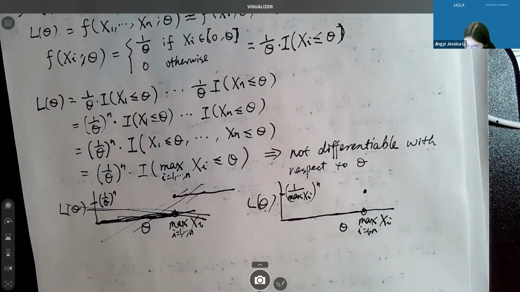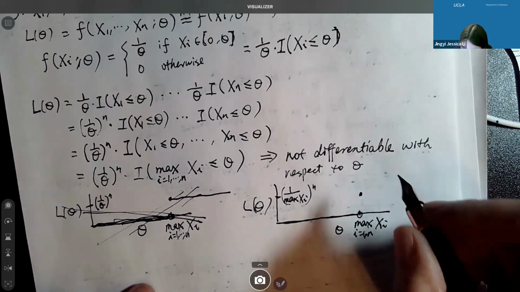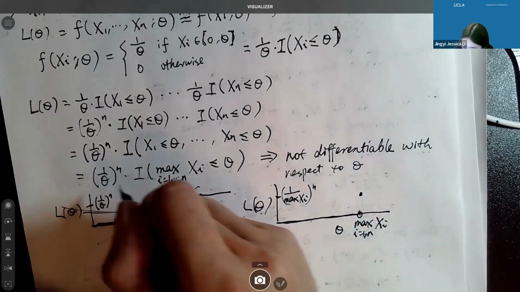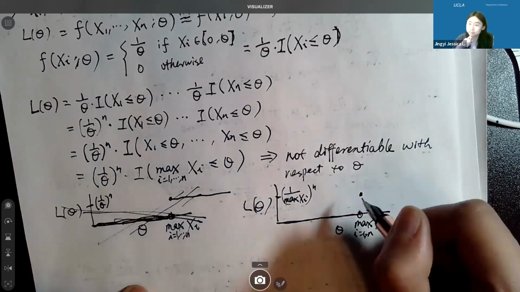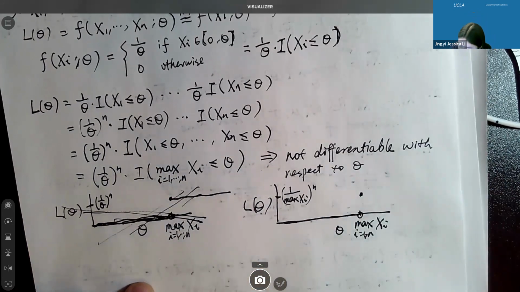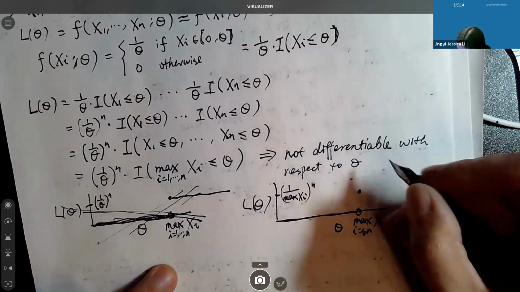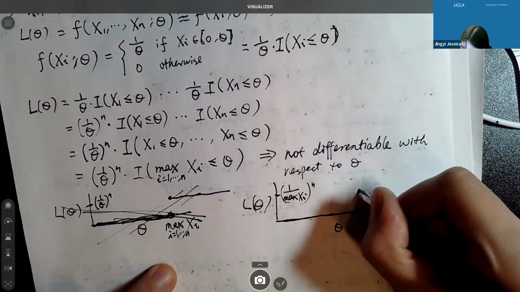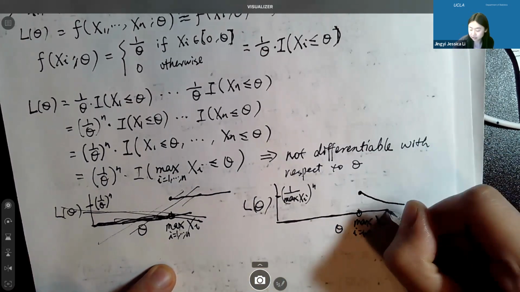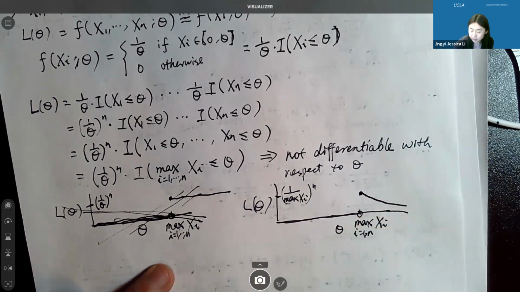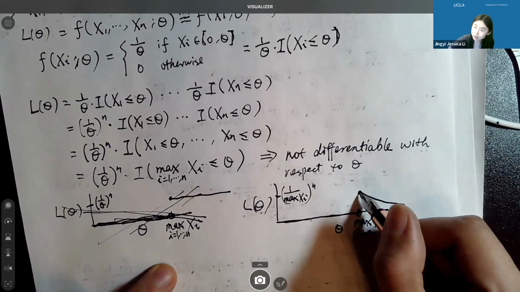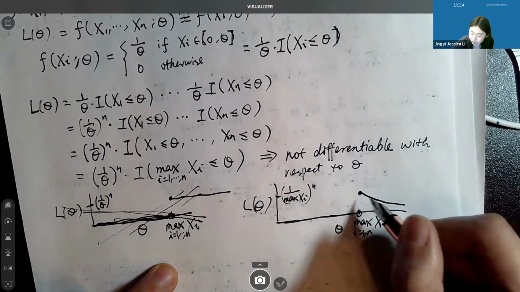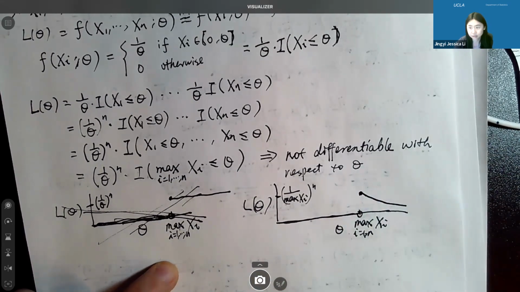The shape is theta to the power negative n, so we know it will decrease as theta increases. So it becomes like this. If we draw the curve like this, you can see that before this point, the likelihood is 0. After this point, the likelihood is non-zero, but it decreases as theta increases.